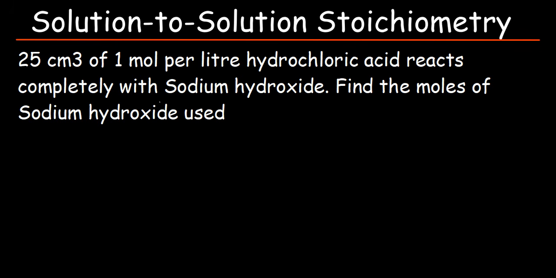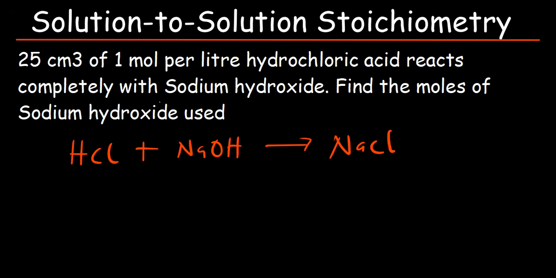We've got hydrochloric acid plus sodium hydroxide, an acid and a base. Every time you react an acid and a base, you have a salt, which is sodium chloride in this case, plus water. That's a neutralization reaction.